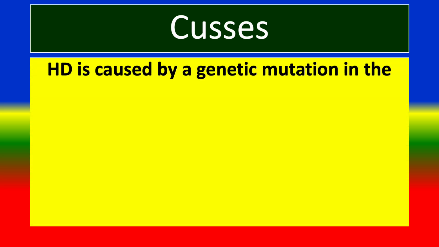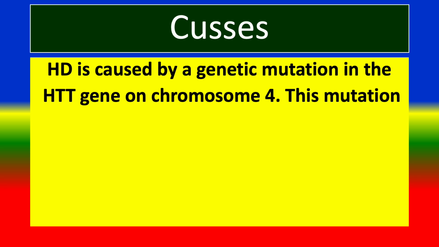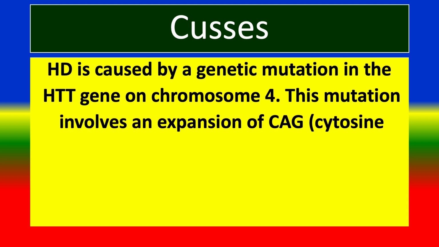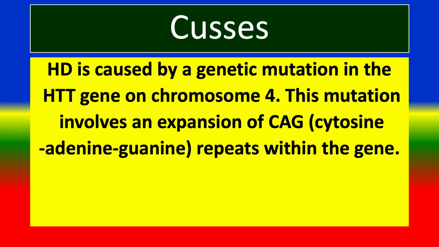Causes. HD is caused by a genetic mutation in the HTT gene on chromosome 4. This mutation involves an expansion of CAG repeats within the gene.